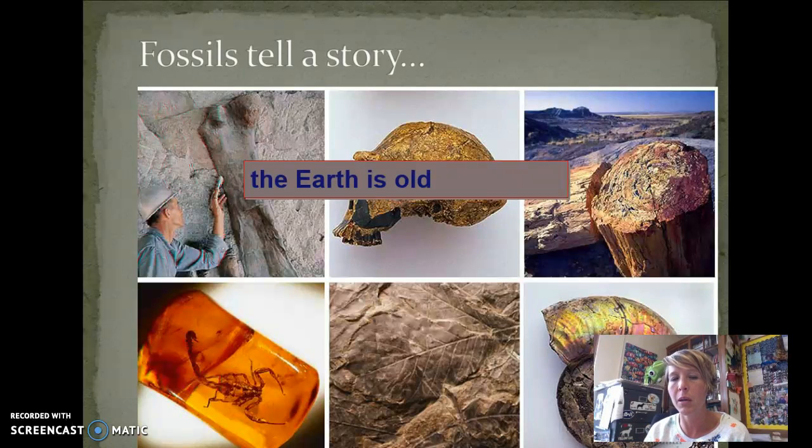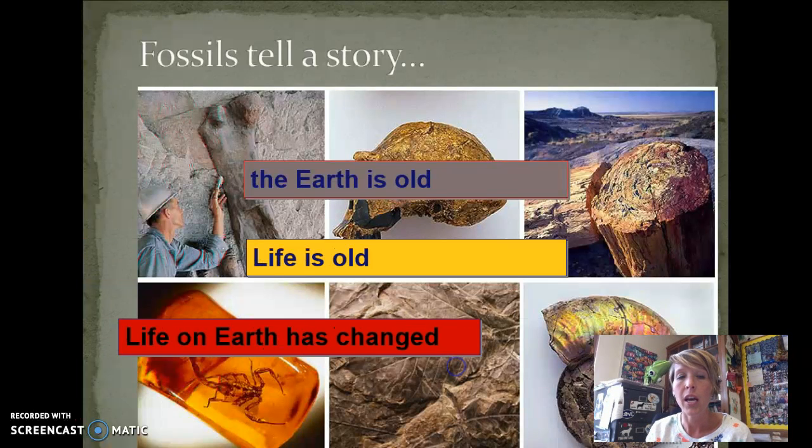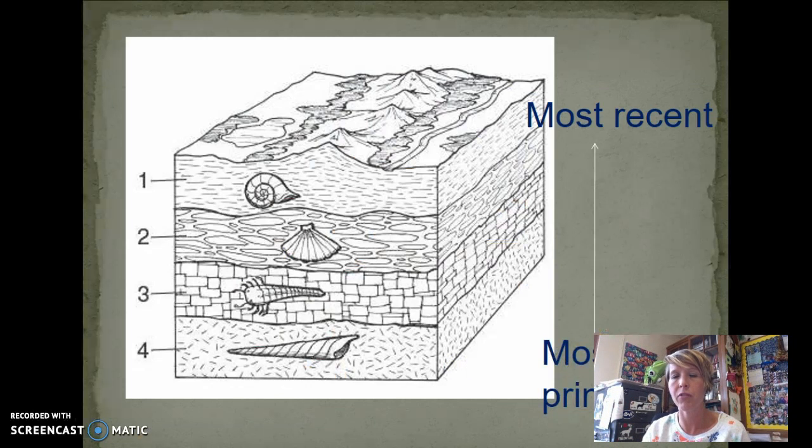And what they have been able to tell, the story is that the Earth is really old, and that life is old, and that life has certainly changed through time. If you took earth science, which most of you have, I believe, you probably learned about different types of rock, metamorphic, igneous, sedimentary. And sedimentary is where you find most of the fossils.